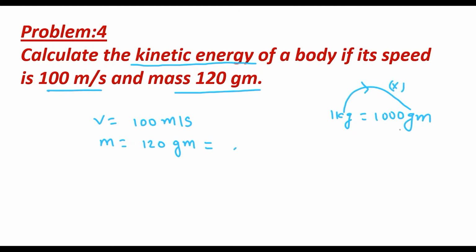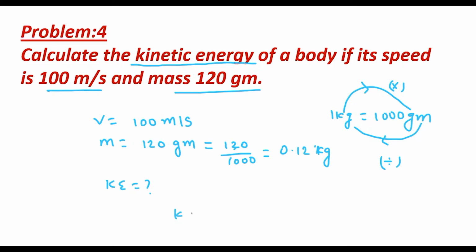But in this case we have to change gram to kg, so just divide by 1000. So 120 divided by 1000 becomes 0.12 kg. Yes, this is the mass.